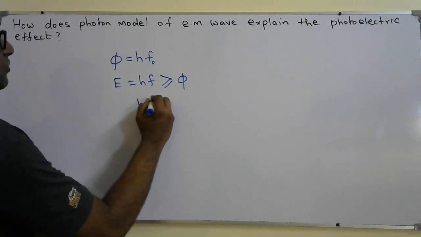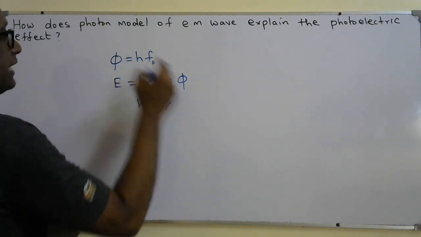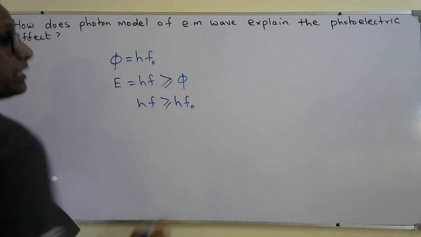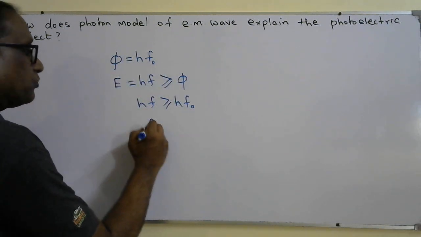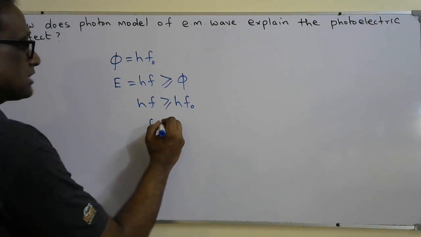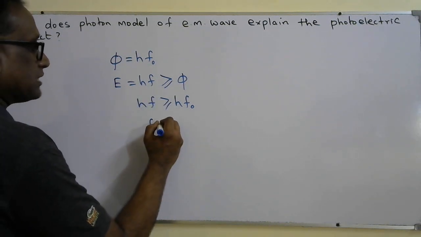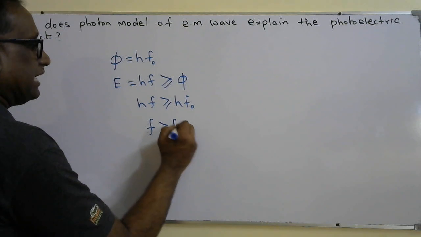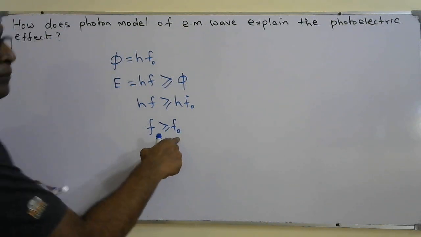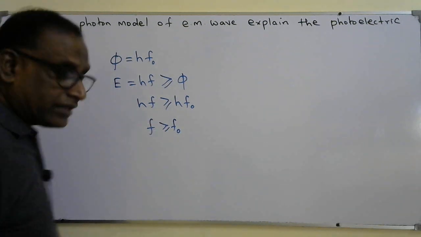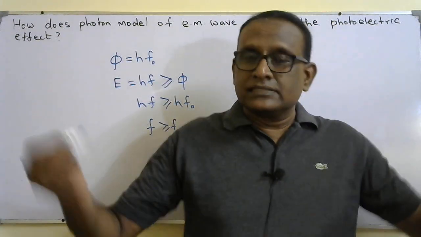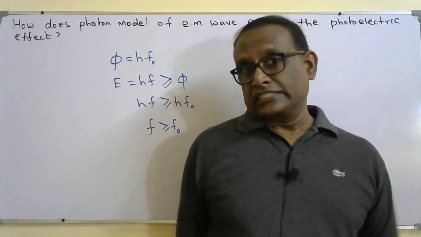So hf is greater than or equal to, instead of phi I can write hf naught. The h gets cancelled. That means the frequency of the radiation must be greater than or equal to a particular minimum frequency, that is called the threshold frequency. See, it explains the photoelectric effect.